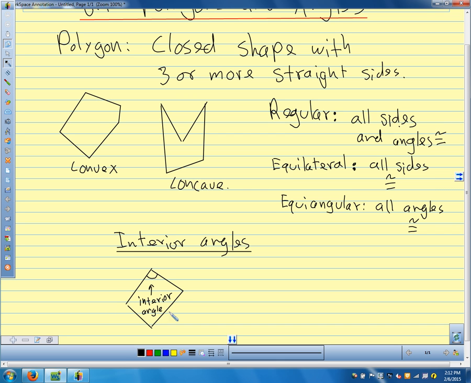And what we want to do is come up with a way of deciding how many degrees the interior angle of any polygon is. So I want to go through a little demonstration so that we can think about how we come up with this formula.